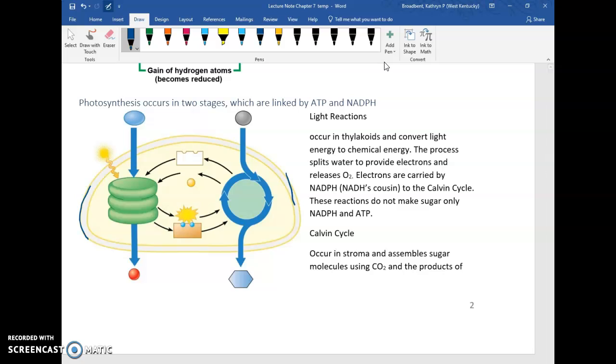That's the double membrane of the chloroplast. Here's some light, and it shines on the thylakoid stack, and the thylakoids take water and produce oxygen. They also produce ATP and NADPH.